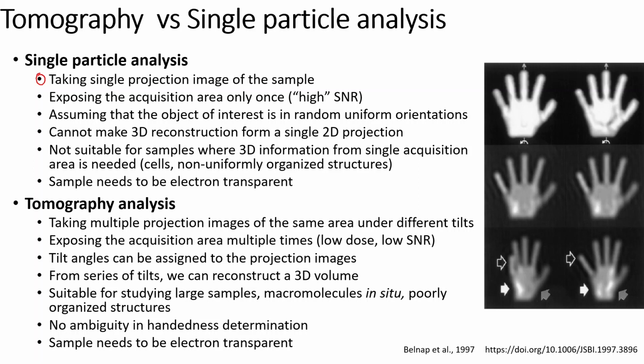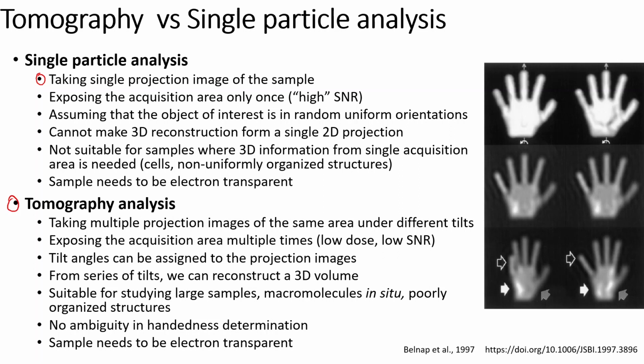We can do it for parts of the cells, but if we want to make a whole reconstruction of a cell, we cannot do single particle analysis because we would have only a single 2D projection of the cell. And what we already know is that the sample needs to be electron transparent, because otherwise we can't make the projection images.